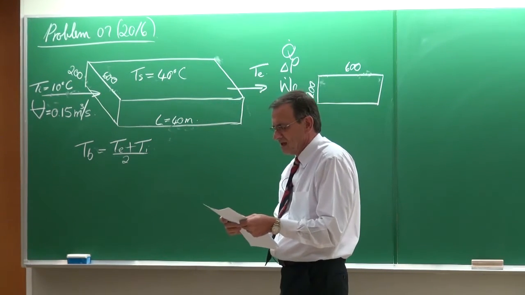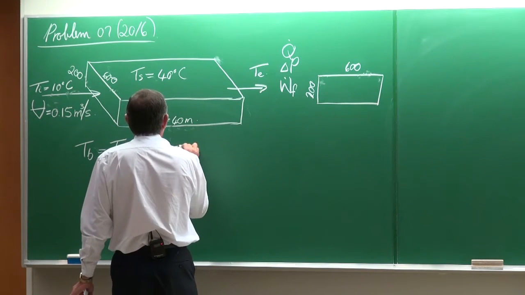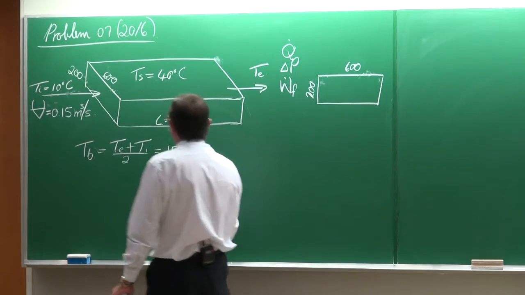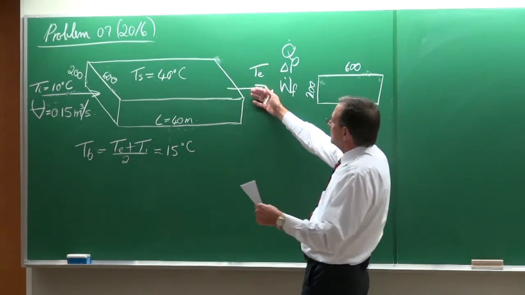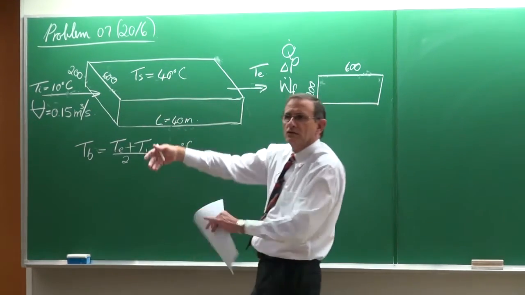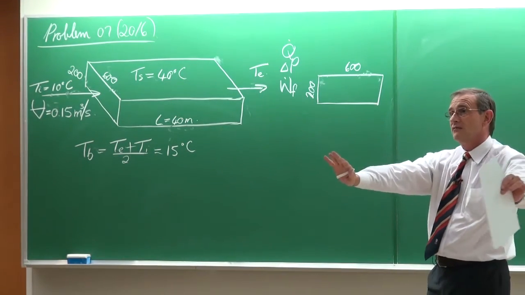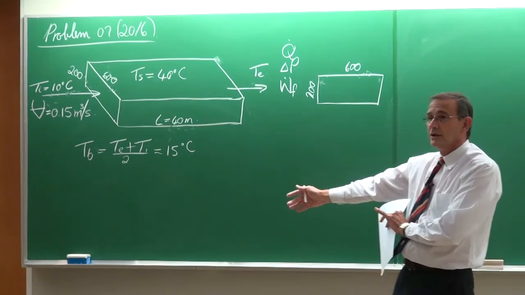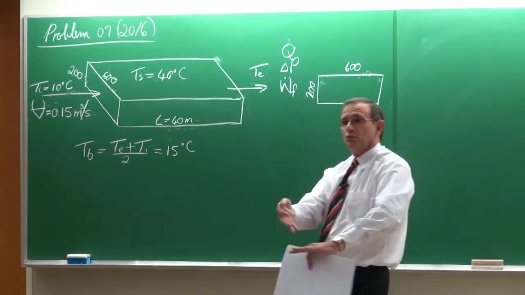So what I'm going to do is select 15, because I'm going to choose an outlet temperature of 20. So 20 plus 10 is 30, divided by 2 is 15. That was just my selection. You can choose whatever you want, and at the end of the problem I'm going to show you the sensitivity of your selection on the problem.